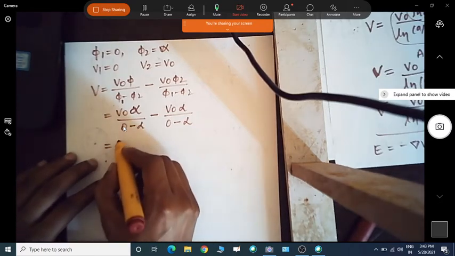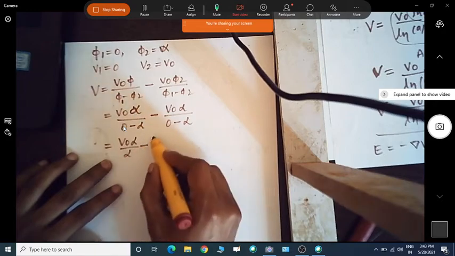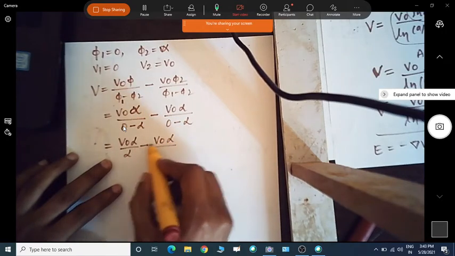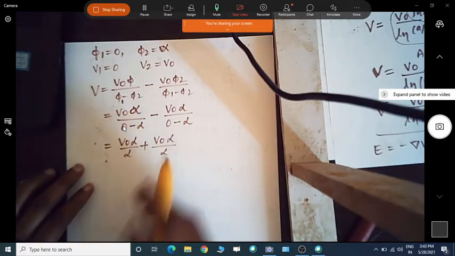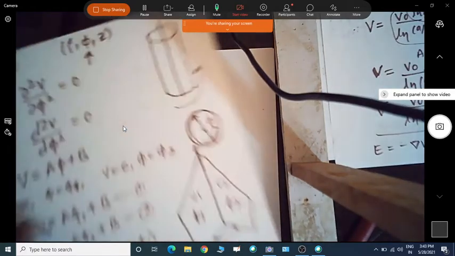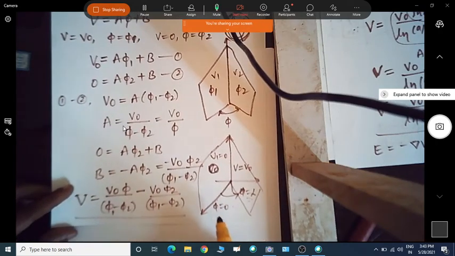So this will be p naught alpha by alpha minus v naught alpha by alpha. So this will give a different solution. Okay, so let us have this, any difference we have done.